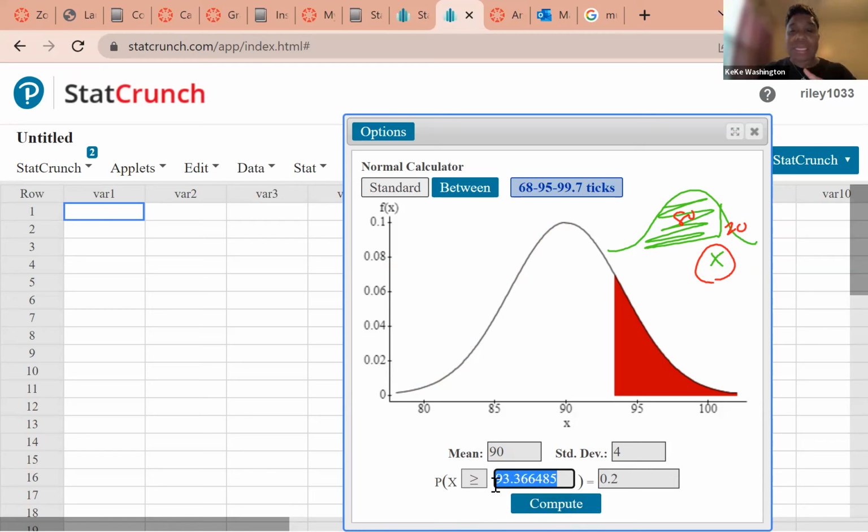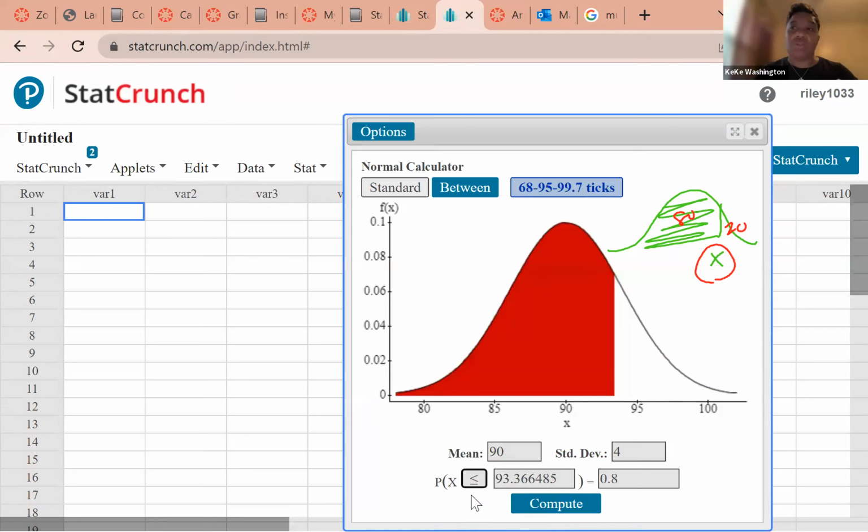So it's completely up to you, but you just got to make sure you change your signs. Whatever way you start doing it, just keep doing it that way. If you always read it less than, then stick with less than. And when you see those words percentile, percentiles always read to the left. So therefore you would enter less than.